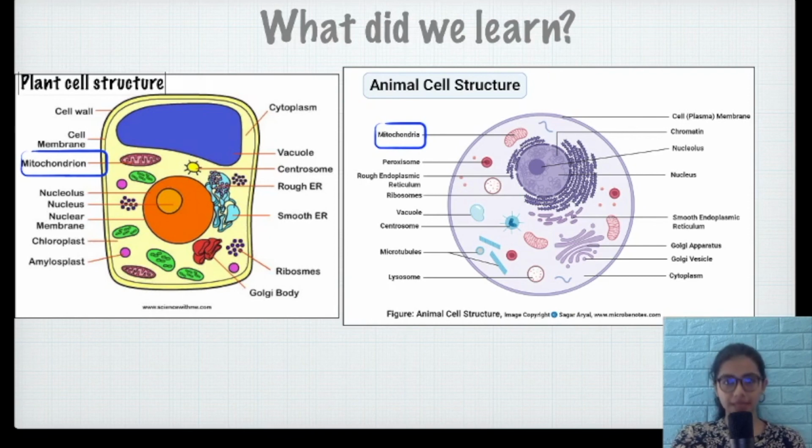We learned about ATP as well, adenosine triphosphate, and why we call it energy currency. And finally, we also learned about the plastids, the different types of plastids and their structure, chloroplast structure. And also we saw their pictures how they look under the electron microscope.